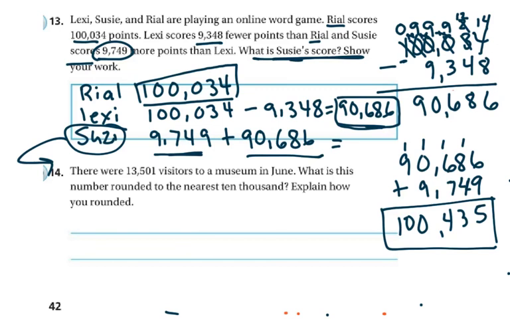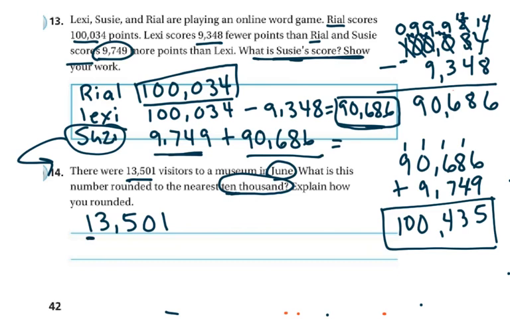All right. Now, let's do the next problem. It says, there were 13,501 visitors to a museum in June. What is the rounded number to the nearest 10,000? And explain how I rounded. So I'm going to write it here, 13,501. I'm trying to get to the nearest 10,000. So my 10,000s place is the 1, right?